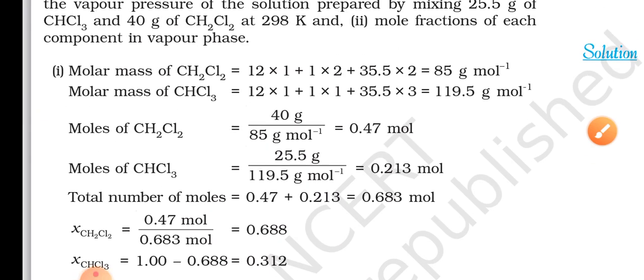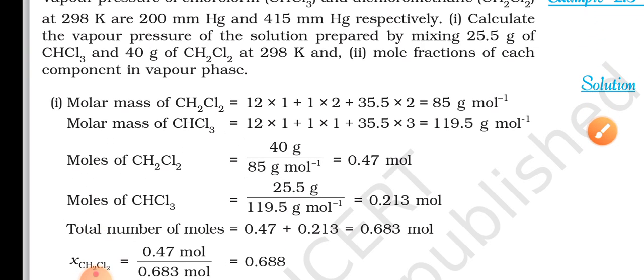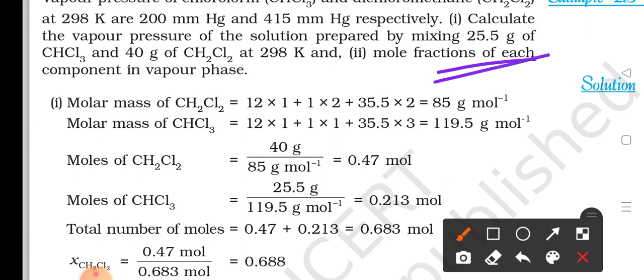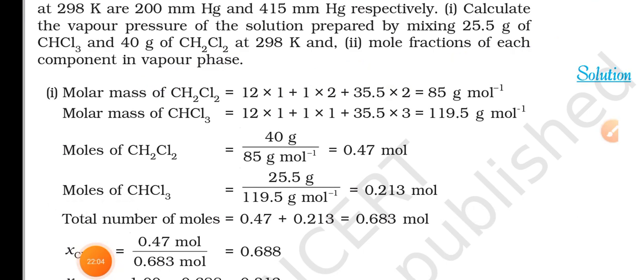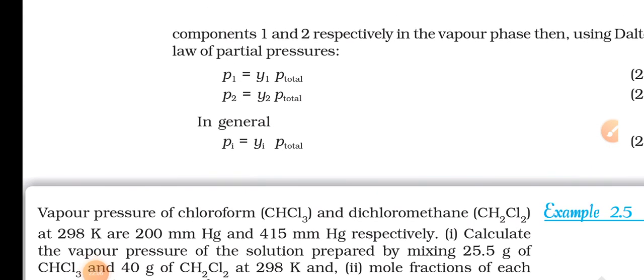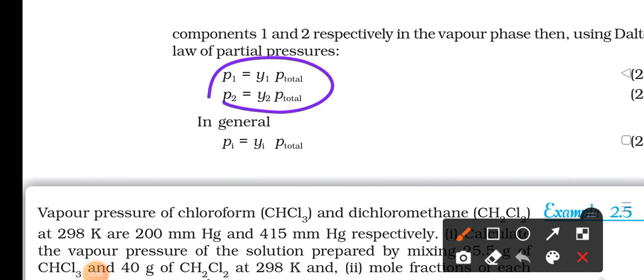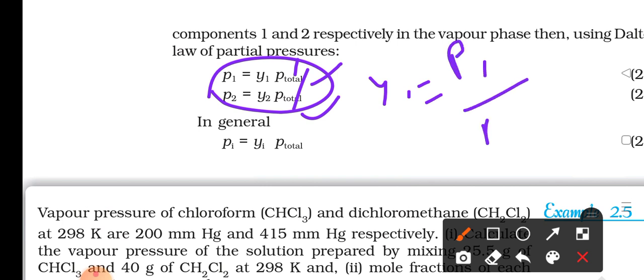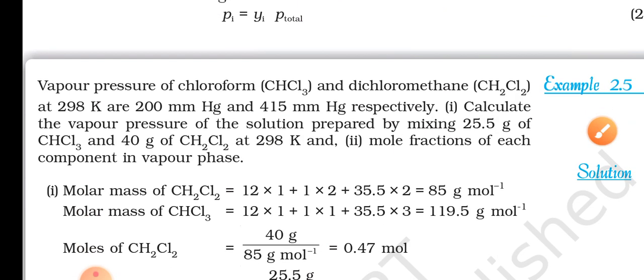The second question is the mole fraction of each component in the vapor phase. Vapor phase means we have to calculate the values of y1 and y2. For y1 and y2 we know the formulas: p1 equals y1 p total and p2 equals y2 p total. We already calculated the value of p total, right? Since we have to calculate y1, we need p1 by p total, so we need p1 and p2.